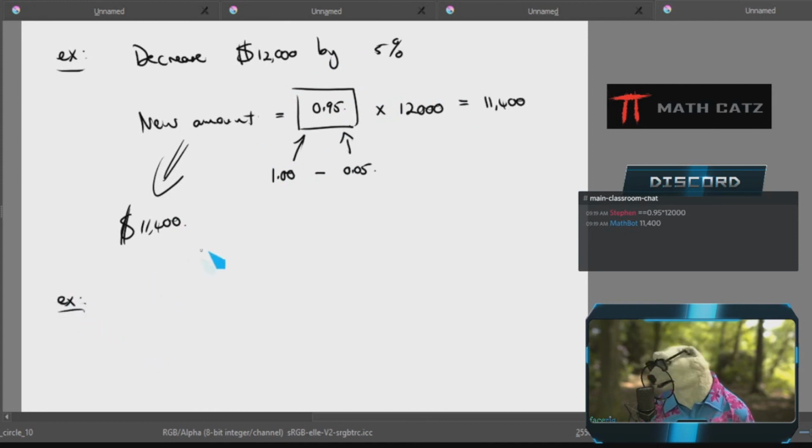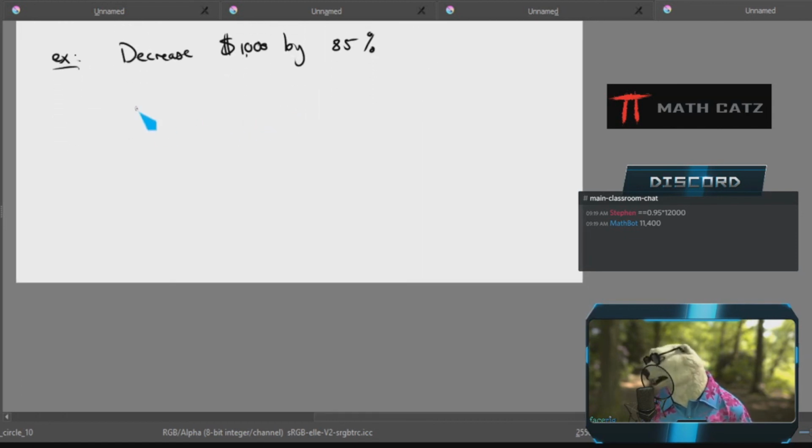Let's quickly squeeze in one more. Why not? Now, people might feel a little uncomfortable when I decrease an amount by a large percentage. Let's go 85%, though it can happen. My new amount, nothing changes. Some adjustment of $1,000. What is that adjustment?